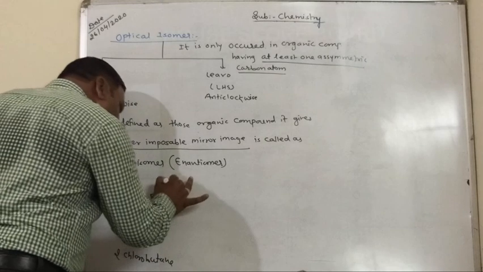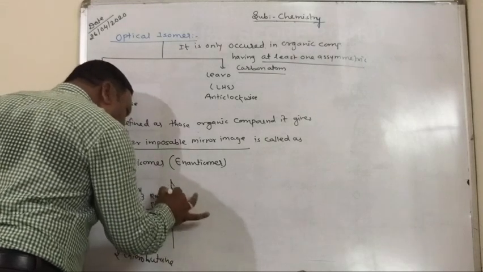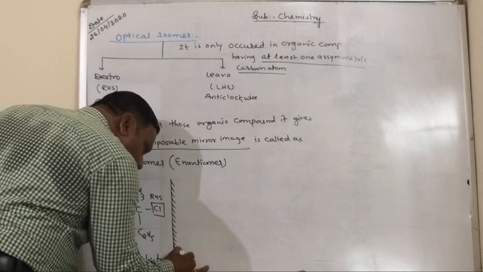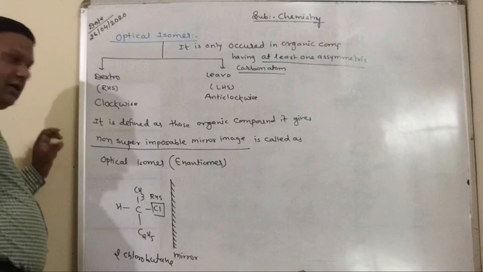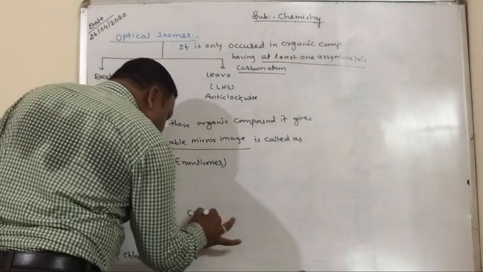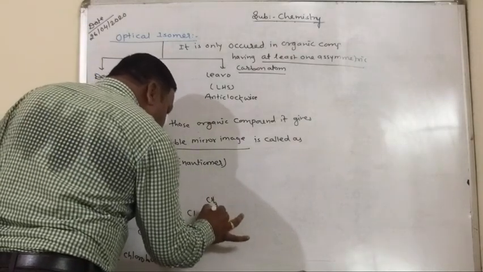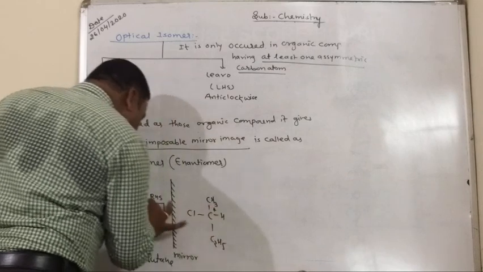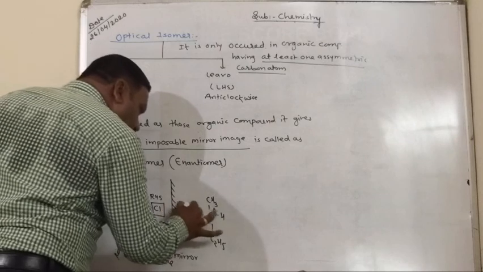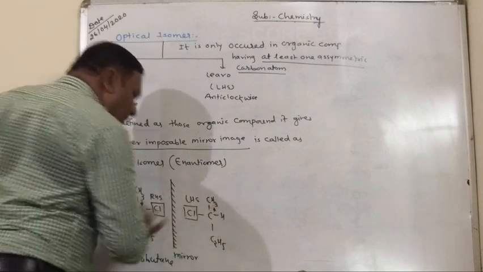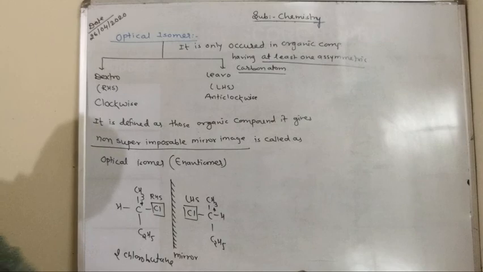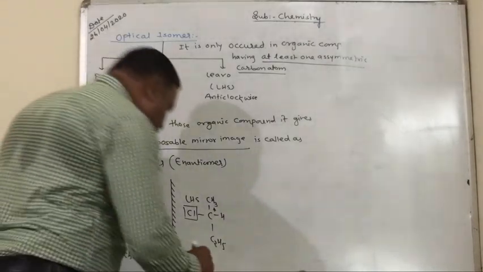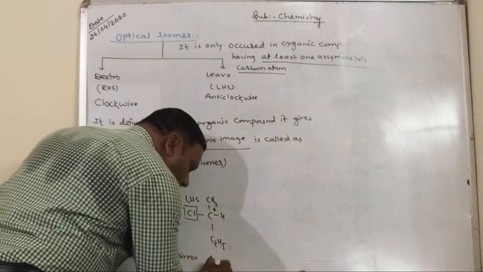So when this 2-chlorobutane is observed in mirror, you will get the Cl, CH3, H, C2H5. This is the asymmetric carbon atom. Now this Cl is placed at left hand side. So here this 2-chlorobutane is dextro and here this 2-chlorobutane is levo.